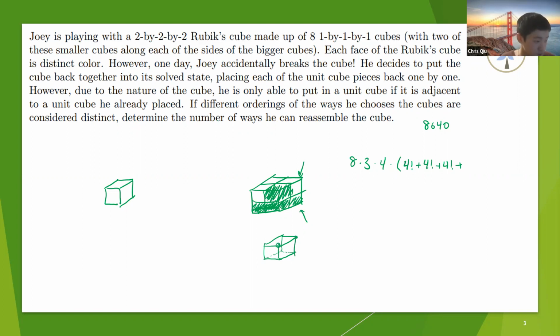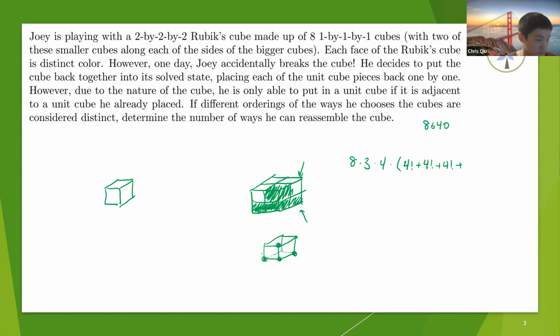And so we have already assembled these 4 vertices, or 1 by 1 by 1 cubes. And we want to reassemble the remaining 4 vertices such that each cube he places next is adjacent to at least one unit cube he already placed.